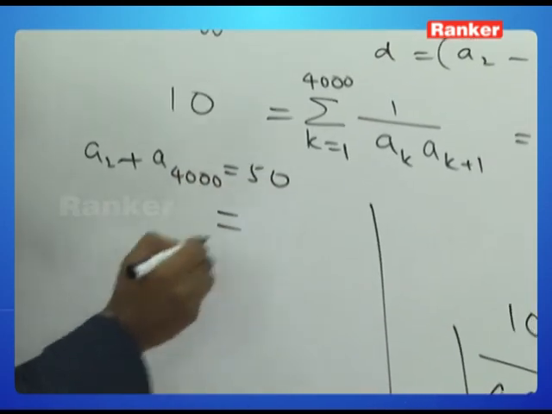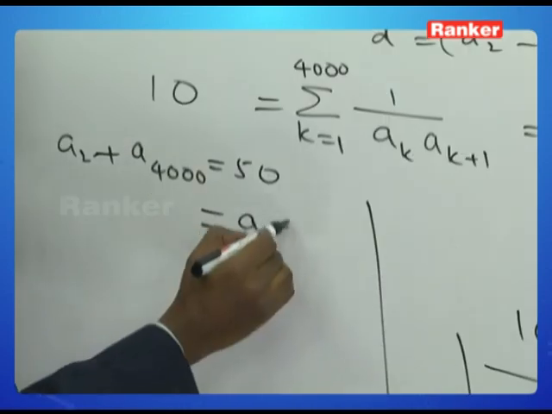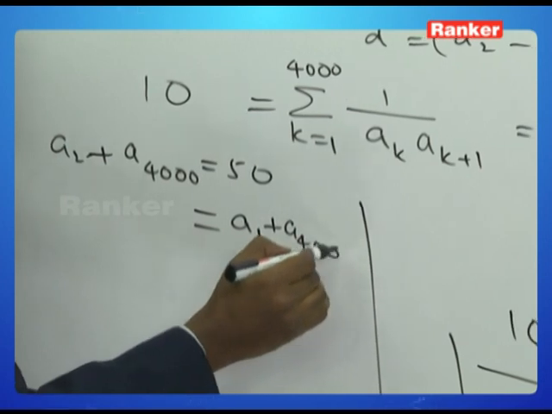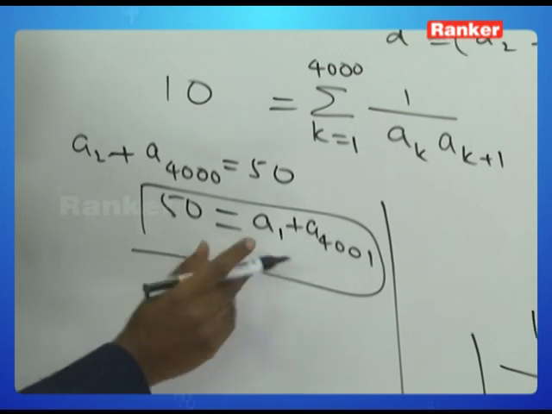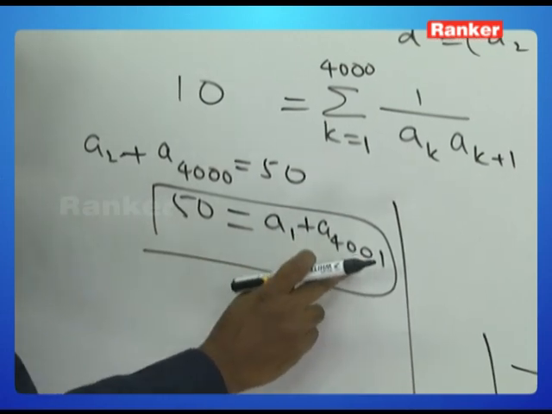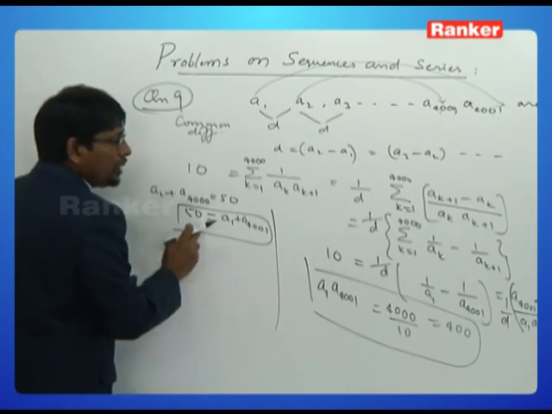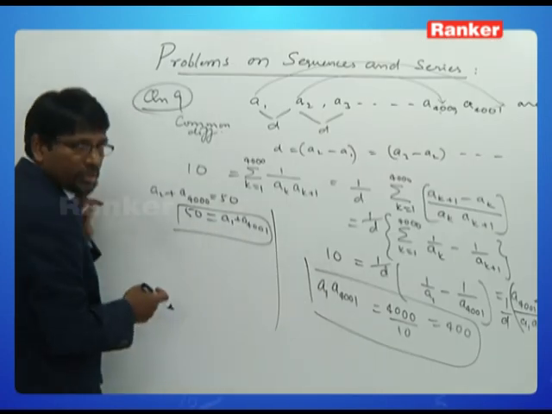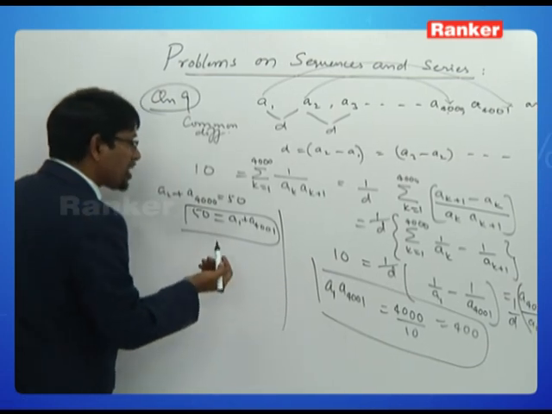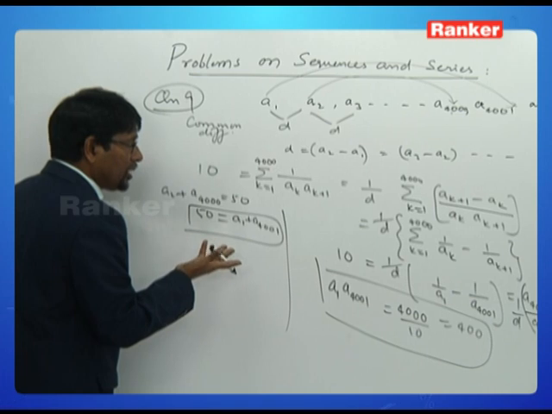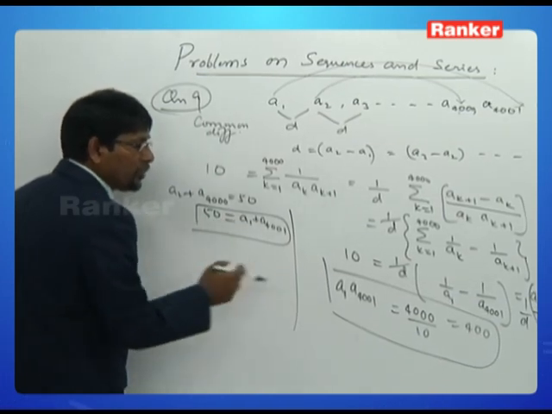So can I now say that a2 plus a4000, being the same as a1 plus a4001, is also 50. So this is what you have. Now the sum of these two terms, a1 and a4001, is 50, and the product is equal to 400. And it's clear that you can just see from inspection, one of the numbers should have been 40, the other number should have been 10. 40 plus 10, 50, 40 into 10, 400.